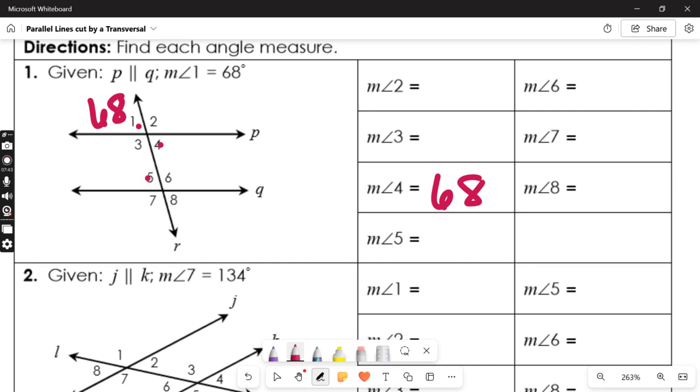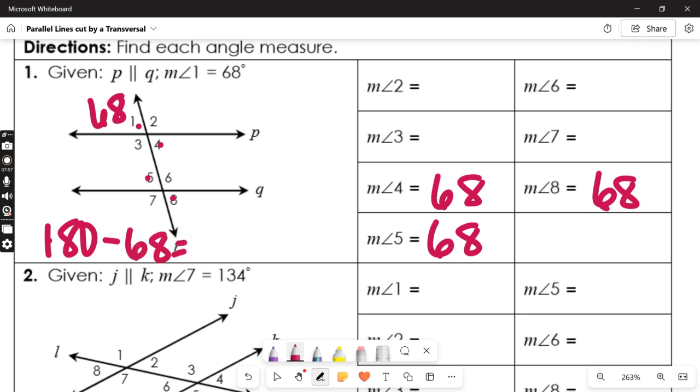It's corresponding to angle 5, so that's 68. And then 5 and 8 are vertical, so that one's also 68. It's supplementary to the ones next to it, so we're going to do 180 minus 68, which is 112. That means angle 2 is 112.